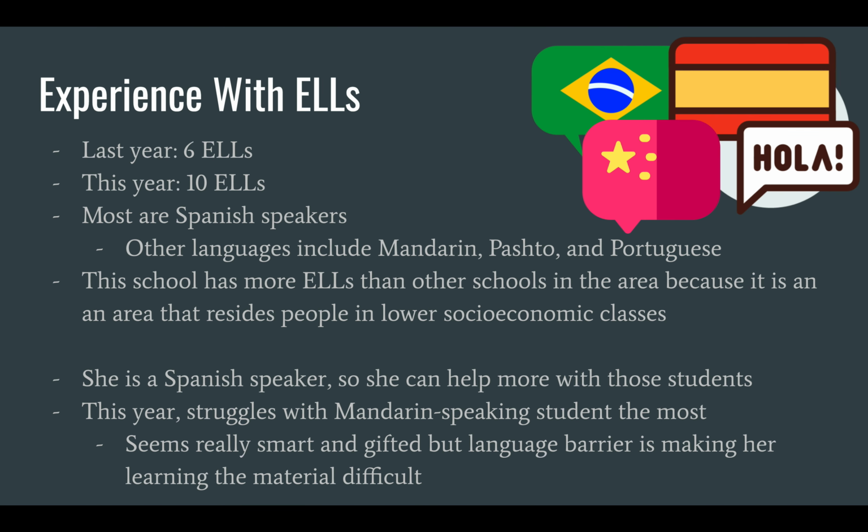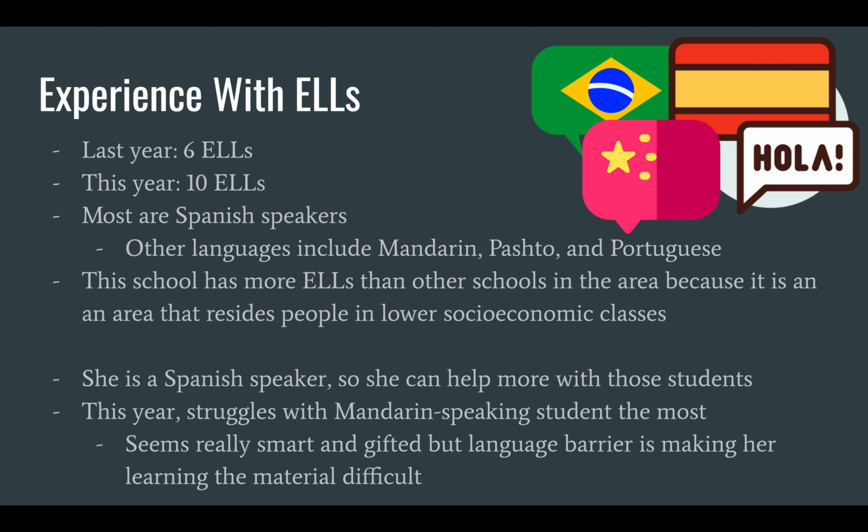A little overview of her experience with ELLs. Last year she had 6 ELL students, and this year she has 10. Most of them are Spanish speakers, but there have been other L1s present with these students, like Mandarin, Pashto, and Portuguese.